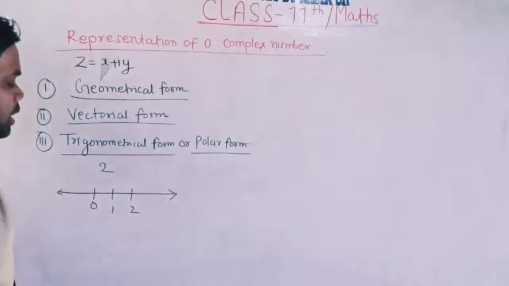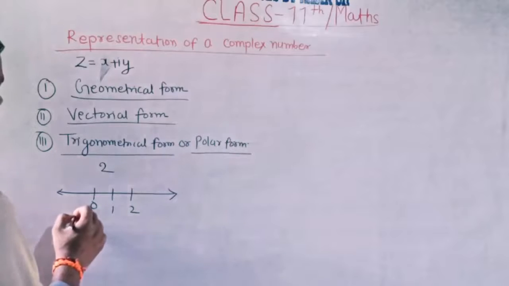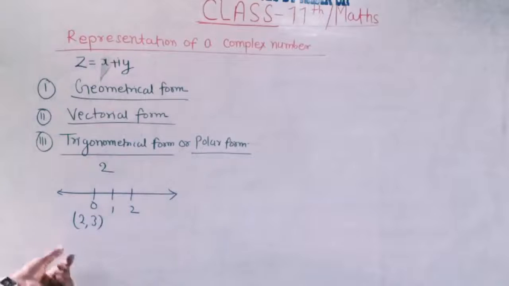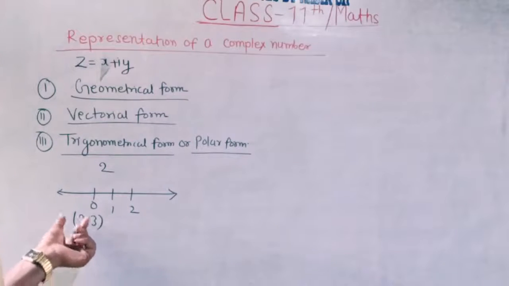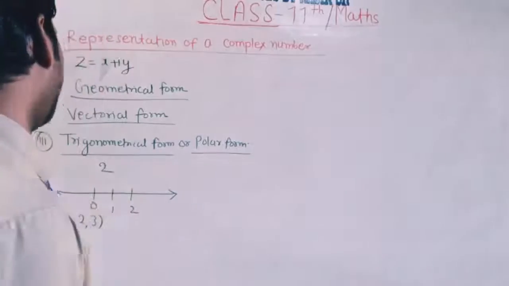Similarly, if you talk about the ordered pair, suppose this is 2 comma 3, as you already know, the ordered pair is represented in the Cartesian plane.